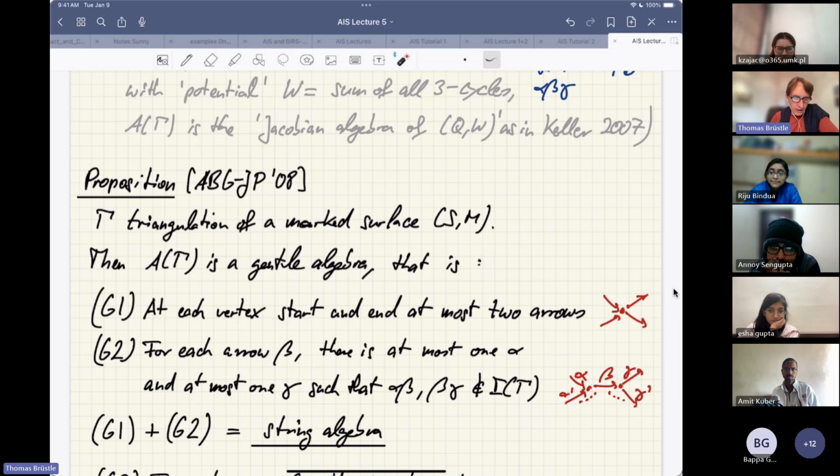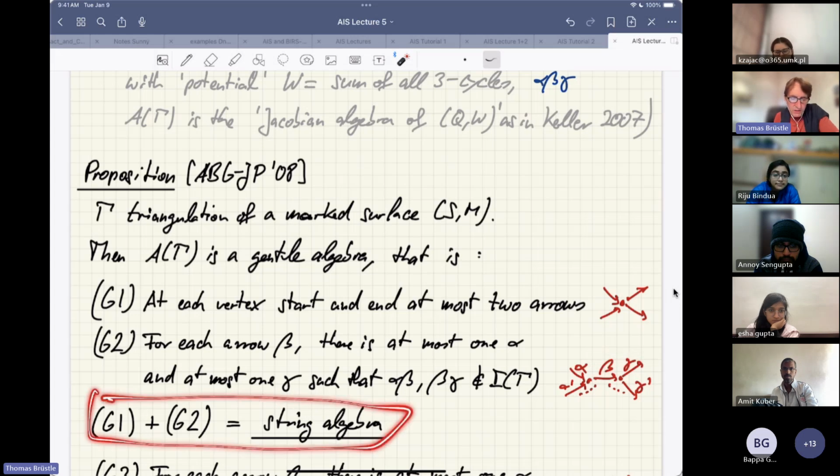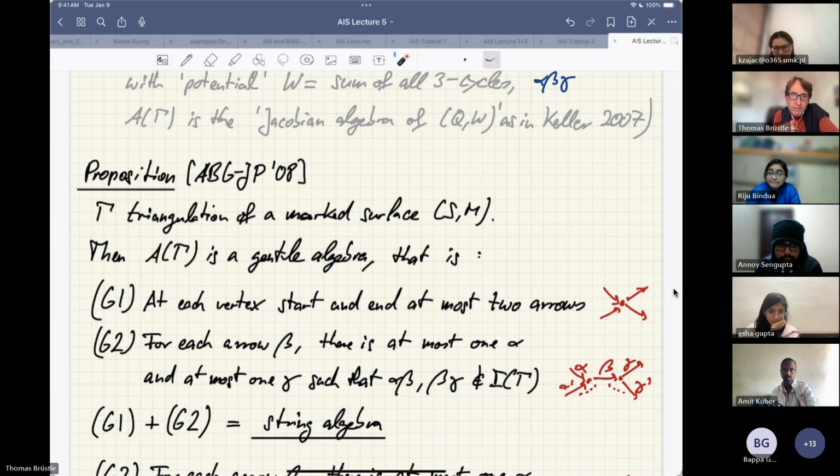And also for every arrow beta, there's at most 1 alpha that I can compose it with without the composition being in the ideal, and at the end, there's at most 1 arrow gamma such that the product beta gamma is non-zero. So these two conditions together should define a string algebra. Am I correct?